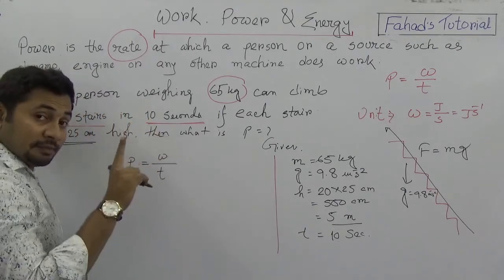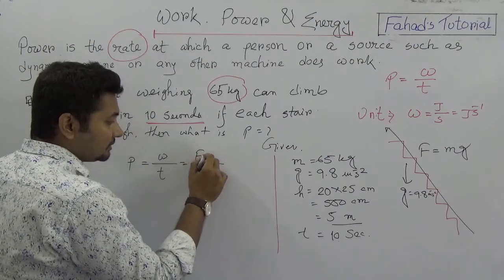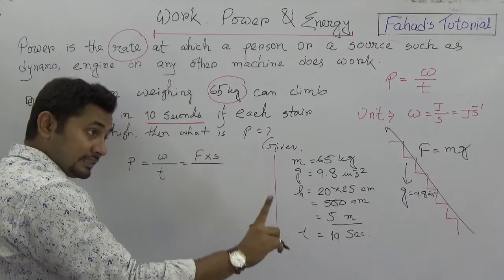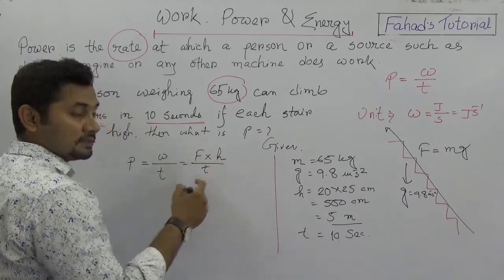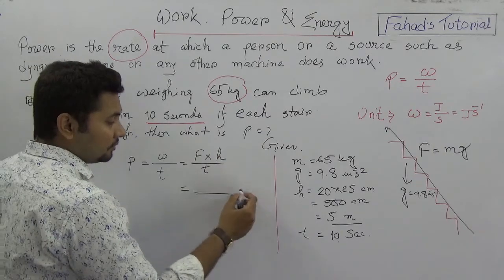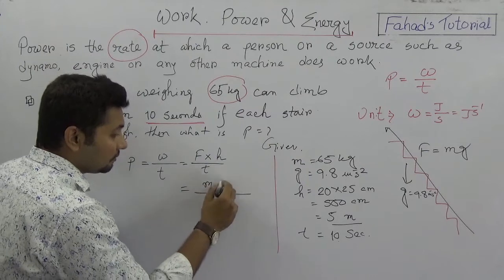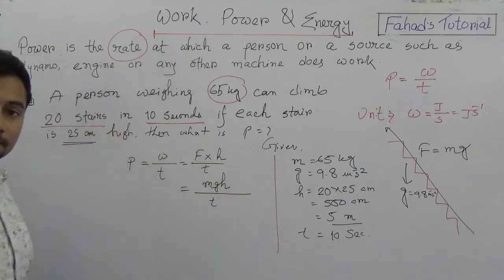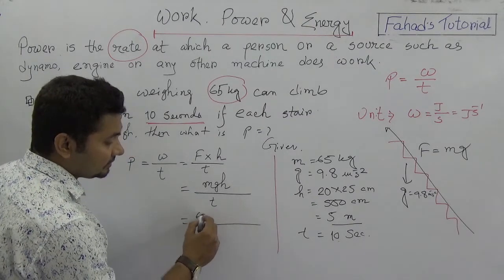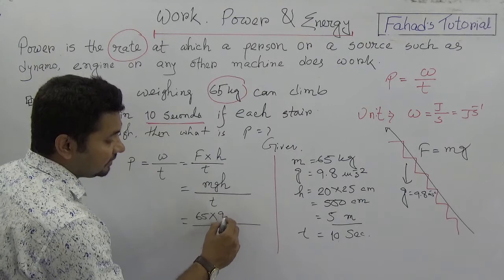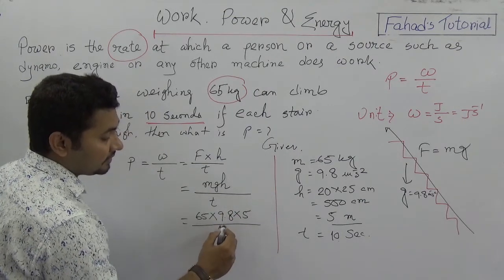If you understand my previous lecture, we know that work is force times displacement. As it's going upwards, it will be like that, divided by t. As we know the amount of force would be his weight, so it would be like that. So we have the data that m is 65, times 9.8, times h is 5, over 10.